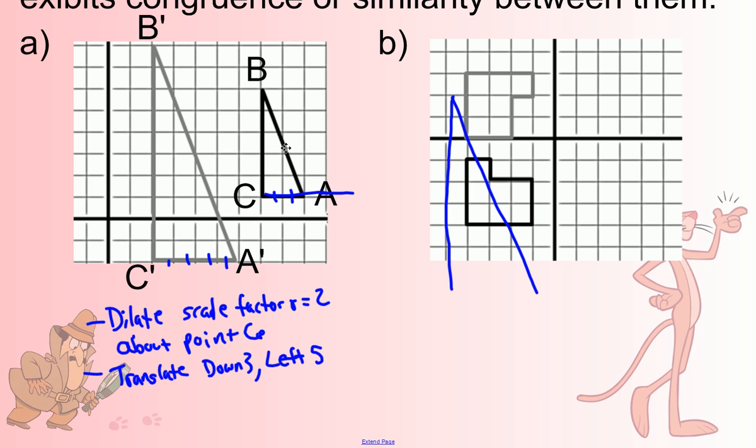So here's our original. We enlarged it by doubling it using a scale factor of 2, so everything's twice as big. And then we took that and moved it down 3, left 5. 1, 2, 3, 4, 5. And there we go. That gives us this new image.